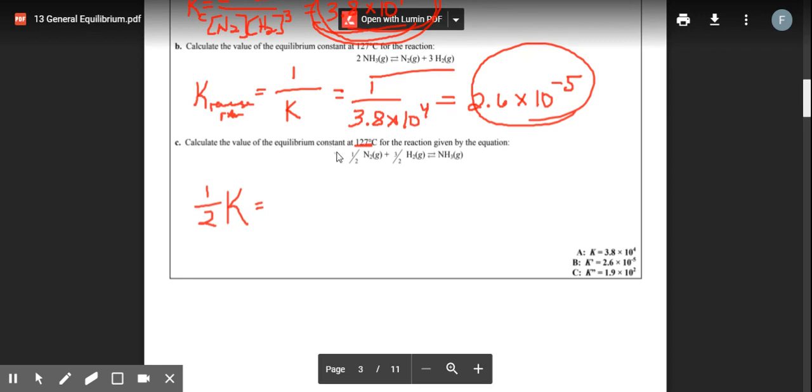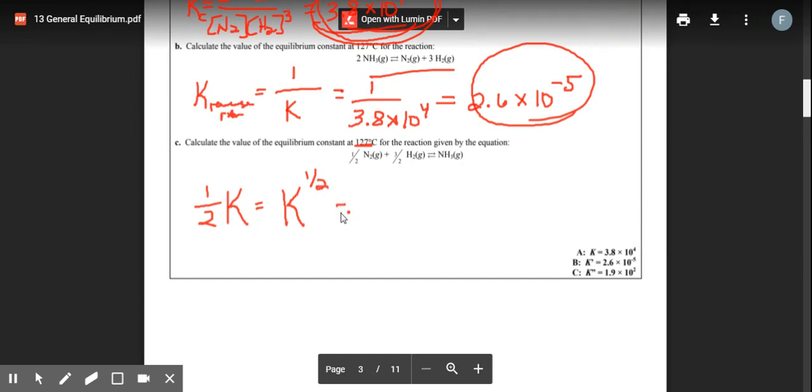Now remember, the rule is, if I take an equation and I multiply it by some number, I have to raise K to that number. So for half of my reaction, the new K is equal to K raised to the 1/2.